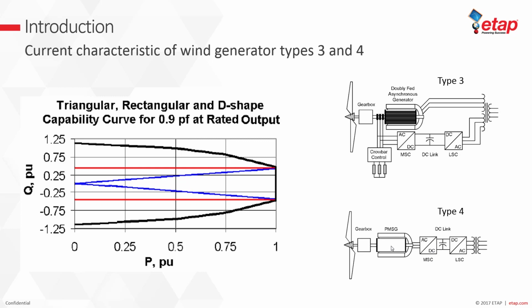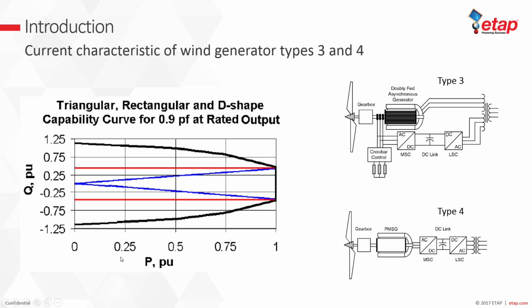completely isolated from the system by AC to DC and DC to AC converters, which is also known as a DC link. So type 4 also gives full capability to control active and reactive power in the normal condition. When you look at the different types of capability curves for wind turbine generators, in the early generations the controller was made in a way to minimize the amount of reactive power support as the active power drops.